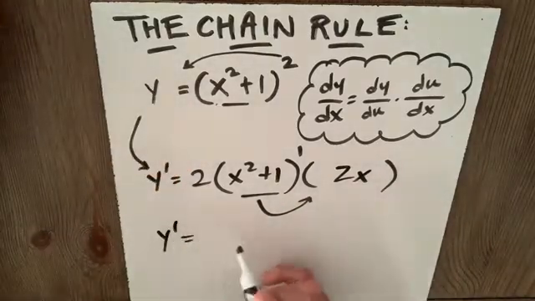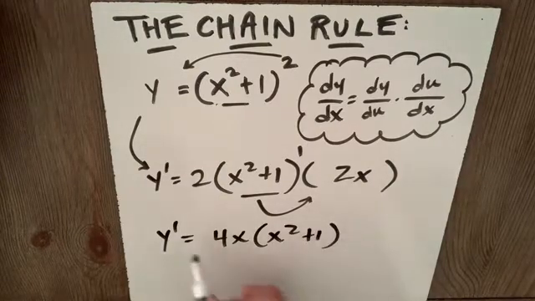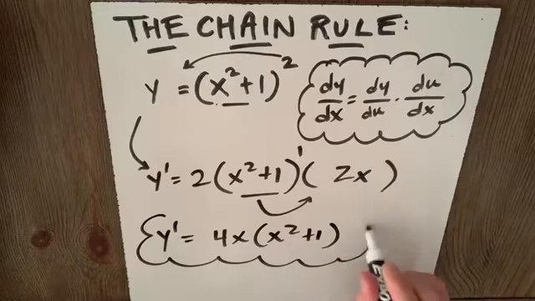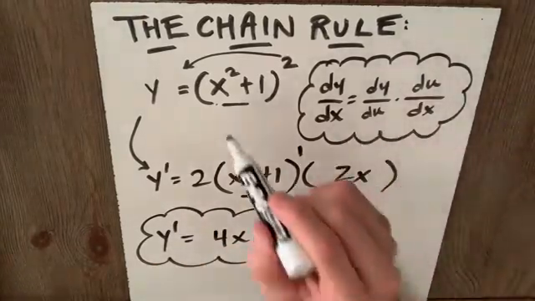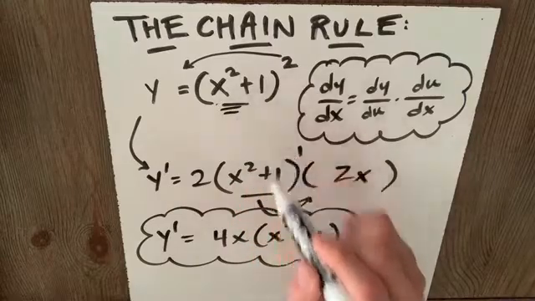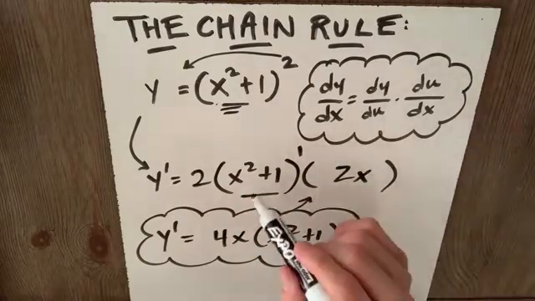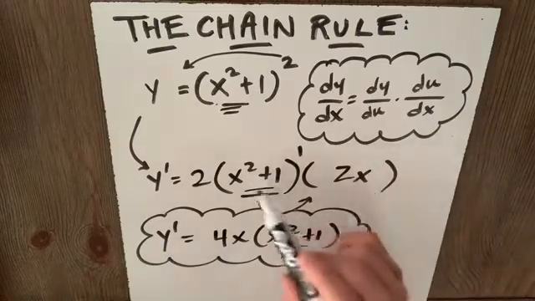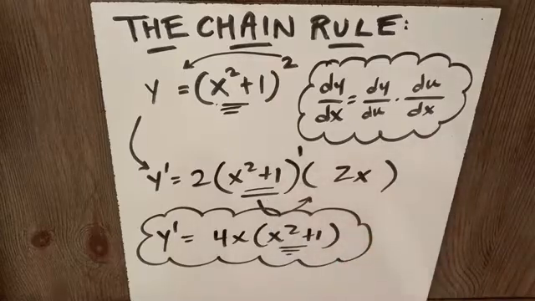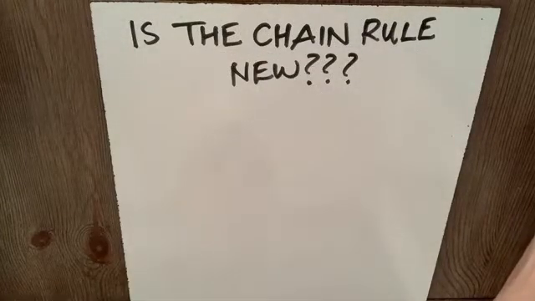Gives us y prime is equal to 4x times x squared plus 1. So in practice, once you understand what's going on, it's not too bad. One thing to notice is whatever you had in parentheses here, you'll find it in the answer. It remains unchanged. And the additional step is that we're going to be multiplying by the derivative of whatever's in parentheses. This begs the question, is the chain rule new to us?